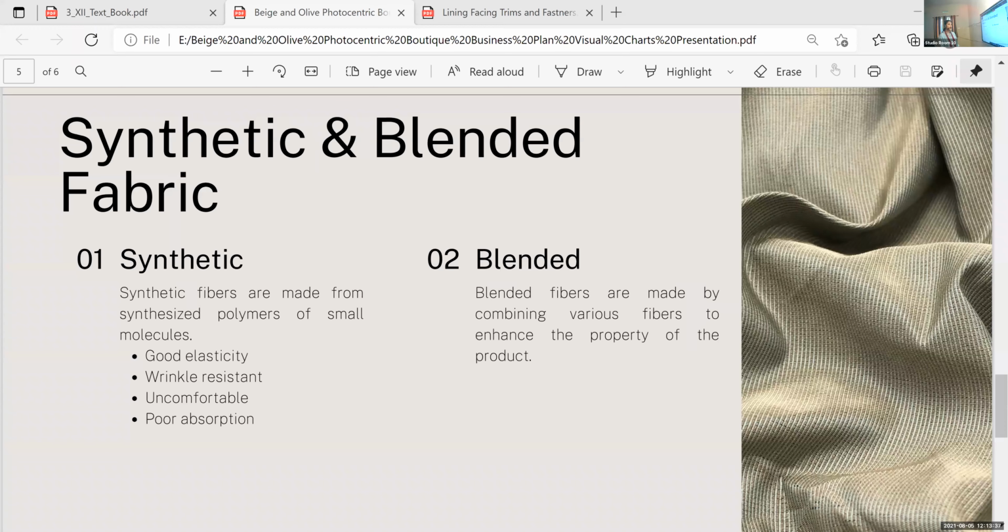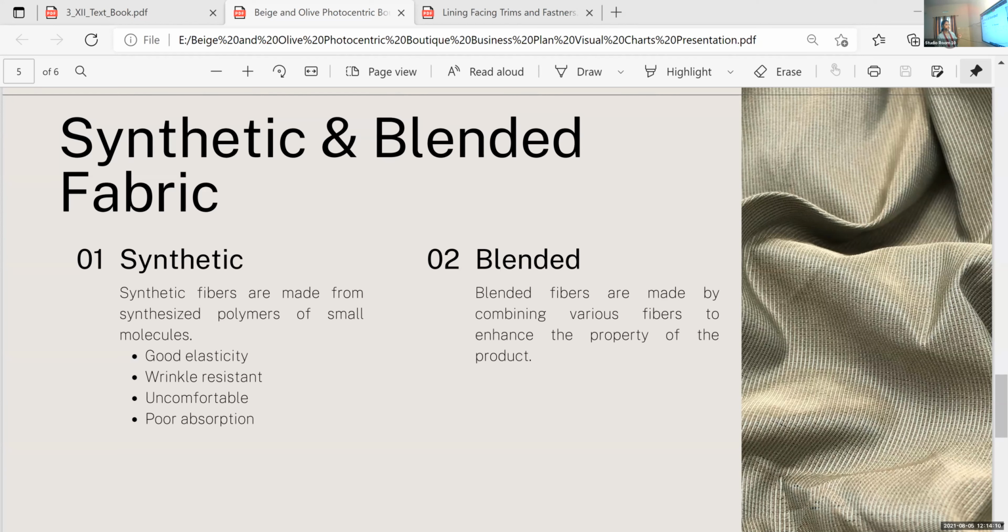So synthetic fibers or fabrics are made from synthesized polymers of small molecules. Good elasticity, wrinkle resistant, uncomfortable. So is it good to wear a polyester shirt or a polyester kurti during the summer season? Is it good? No, right? Poor absorption because it's synthetic. It's literally plastic. Am I right?